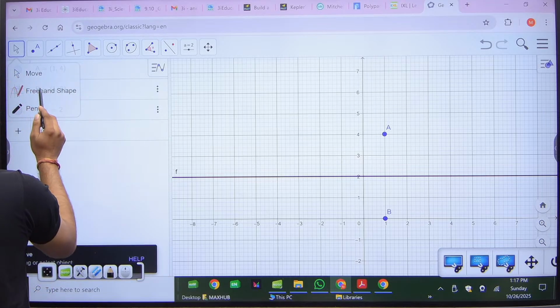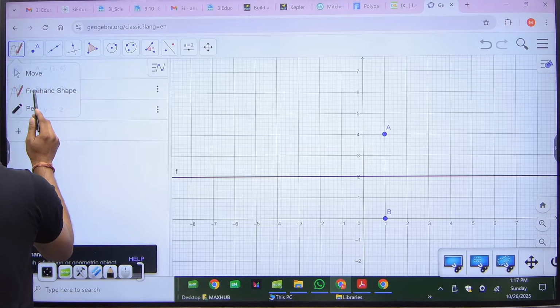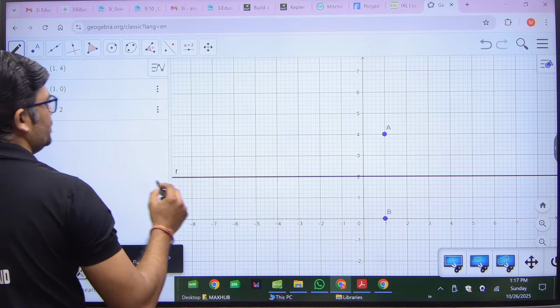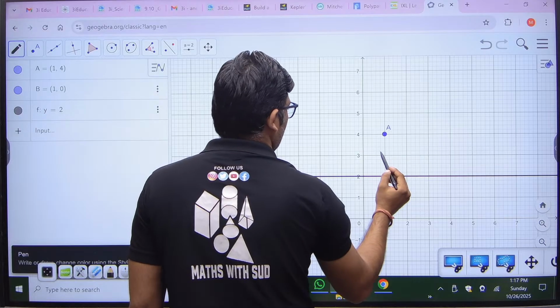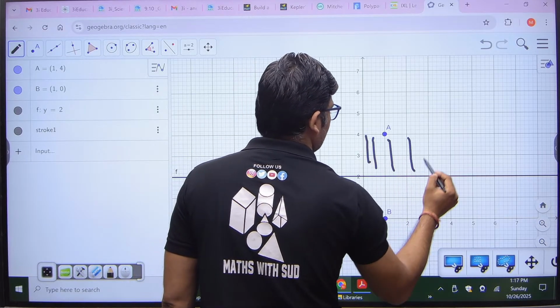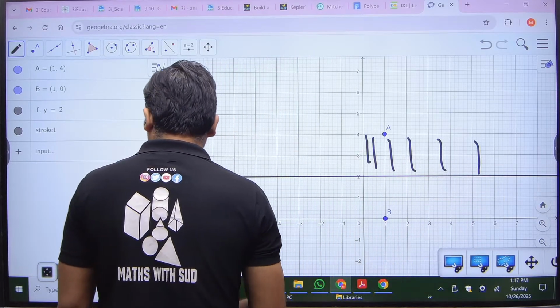So shading is not allowed, but you can shade with this pen feature, and these are the points to be shaded. Are you getting it?